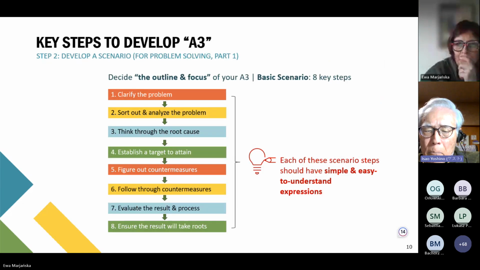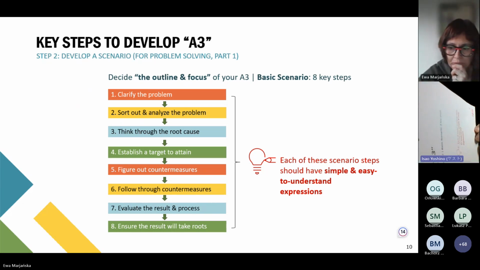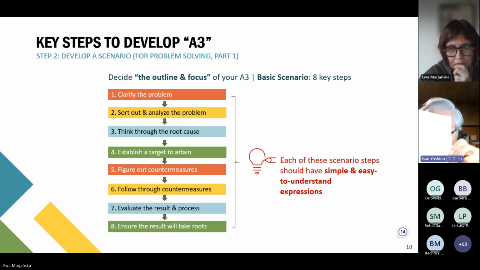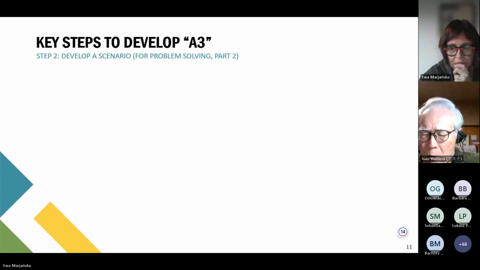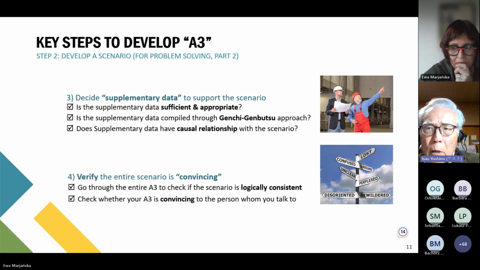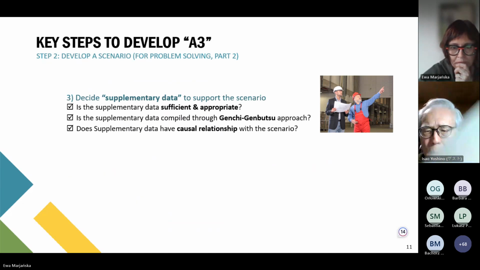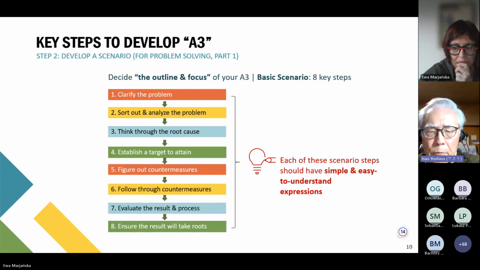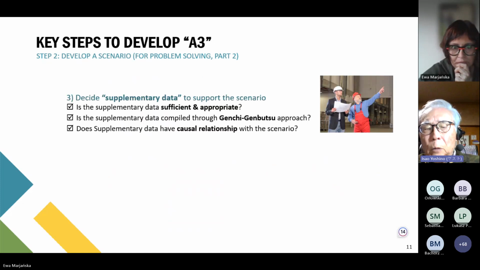Page 10 I already discussed, and the outline, and I think that's all. Yes, page 10 is okay. Then page 11. I already talked about supplement data.